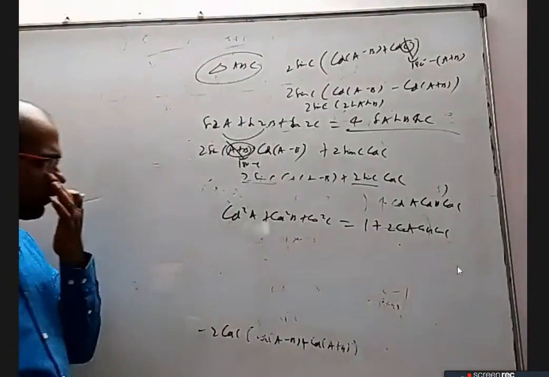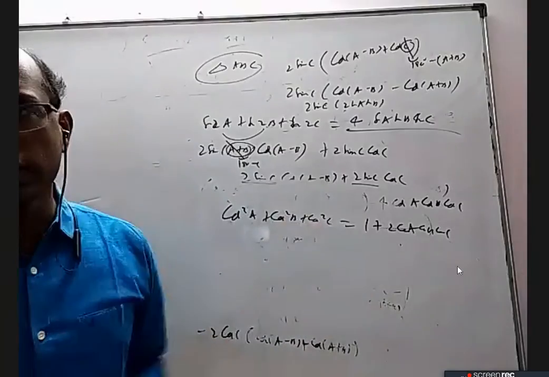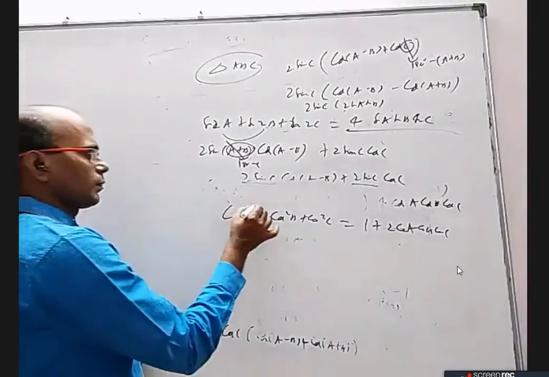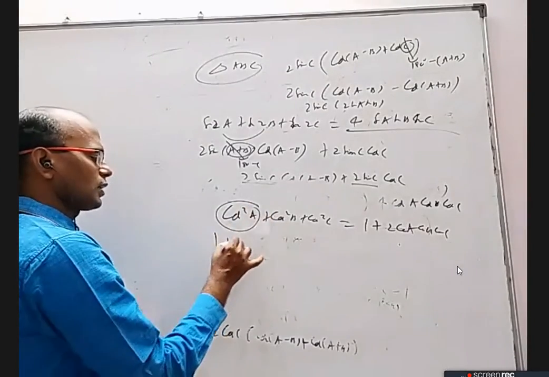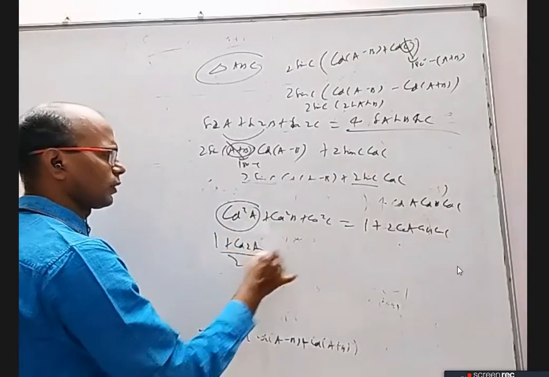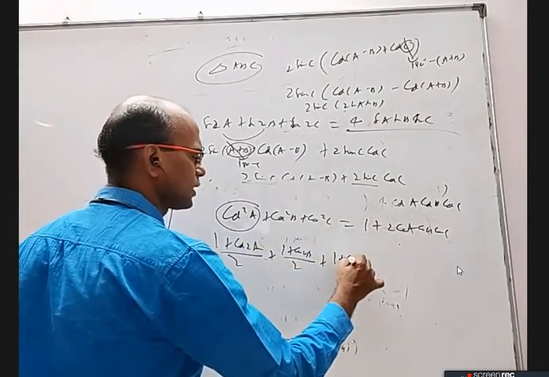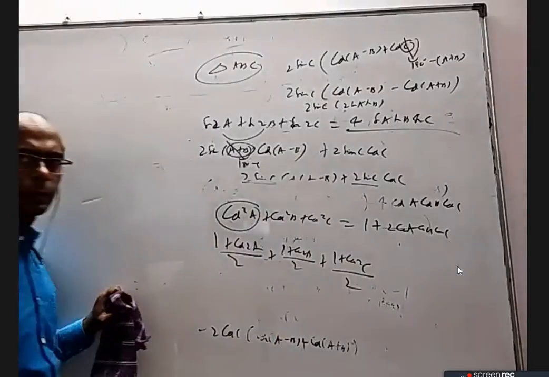Whenever squares are there, how to deal with this type of question? There are 2 methods. One is, you can write cos square a as 1 plus cos 2a by 2, cos square b as 1 plus cos 2b by 2, cos square c as 1 plus cos 2c by 2.